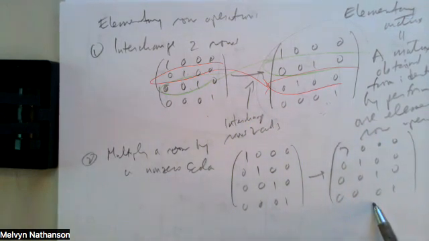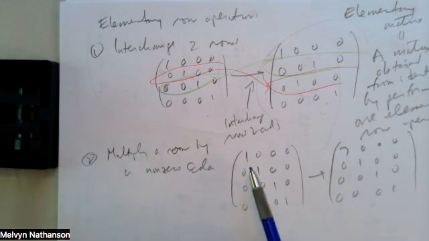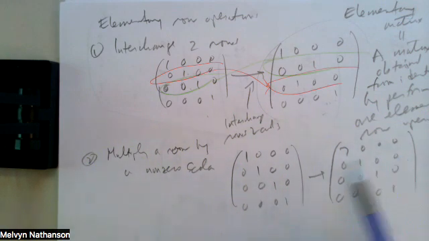And this is another elementary matrix, because I got it by performing the elementary row operation of multiplying a row by a non-zero scalar to the identity.